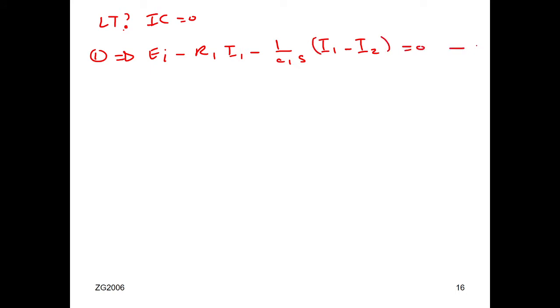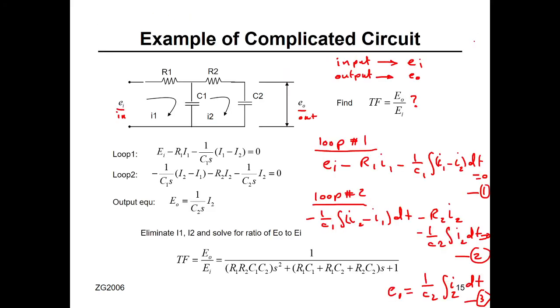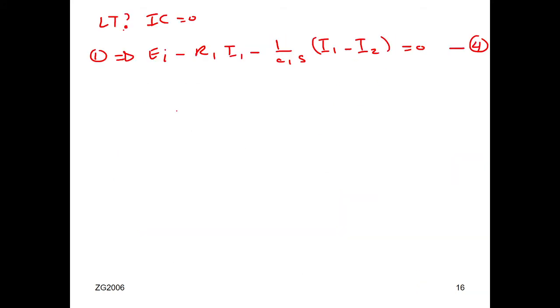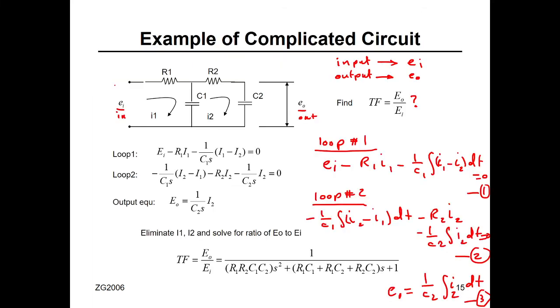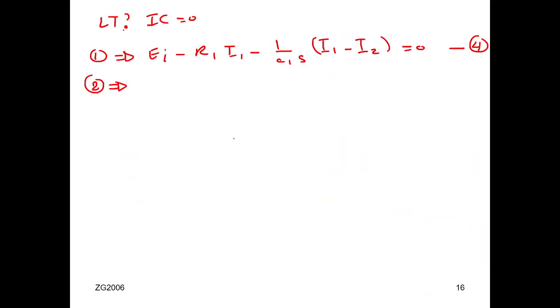This is equation number 1. For loop number 2, from equation number 2, what do we have? Minus 1 over C1 S times I2 minus I1.